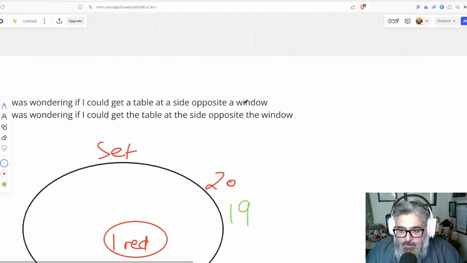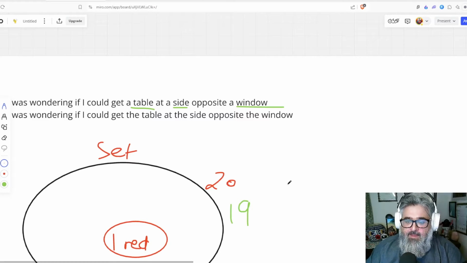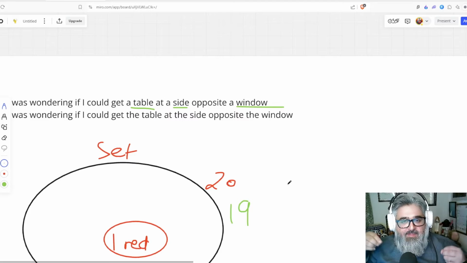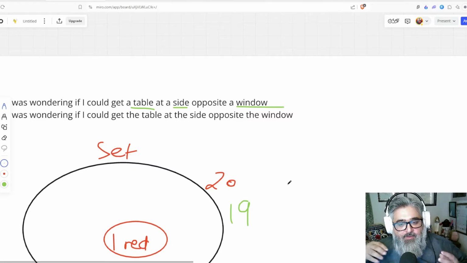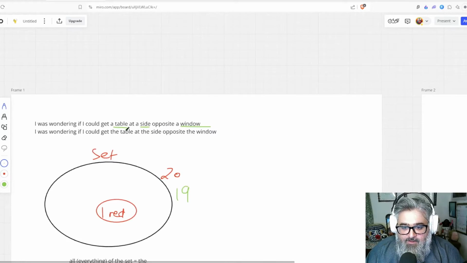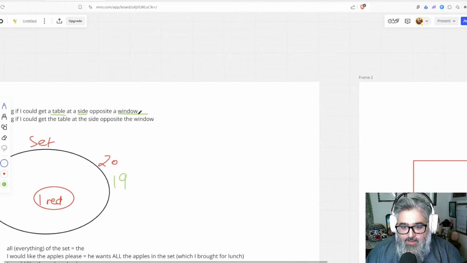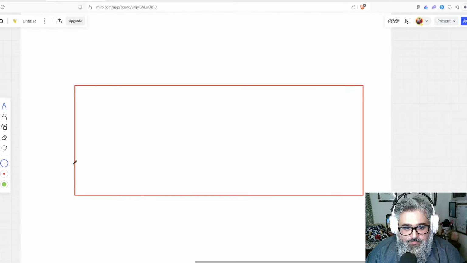It depends on window, side, and table, because there are three nouns, right? There are three things in the sentence. So it depends on the set size of each of these things and whether he wants the entire set or not, right? So the first thing we're talking about, let's start with window, right?